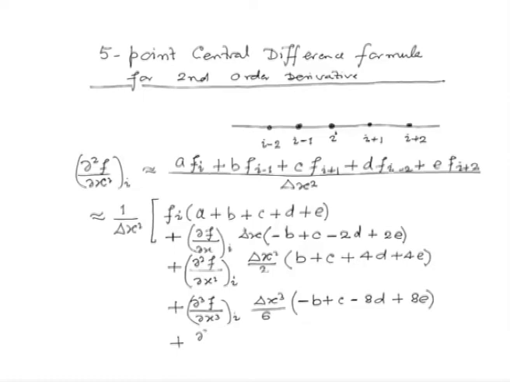Similarly the fourth order derivative ∂⁴f/∂x⁴ at i. Let us take Δx⁴ divided by 4 factorial, that is 24, outside. So we would be left with b plus c plus 16d plus 16e.